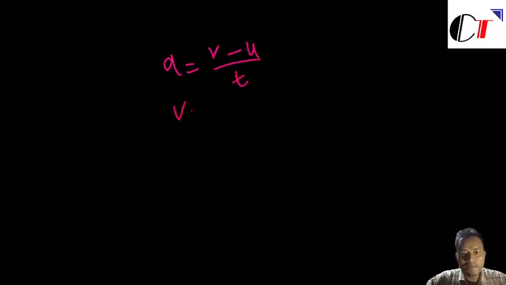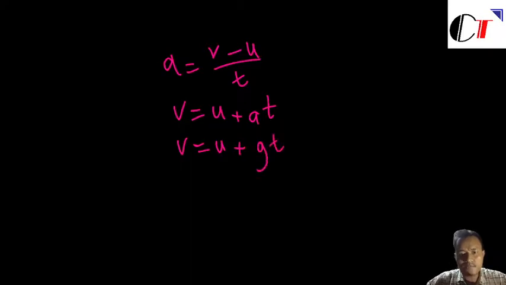If you want to find the constant acceleration, it is just v minus u divided by t, or the final velocity is v equals u plus at. But for free falling objects, your acceleration just equals g, so you can just find using v equals u plus gt. And for free falling, air resistance has to be neglected, and the effect of mass can be neglected as well.